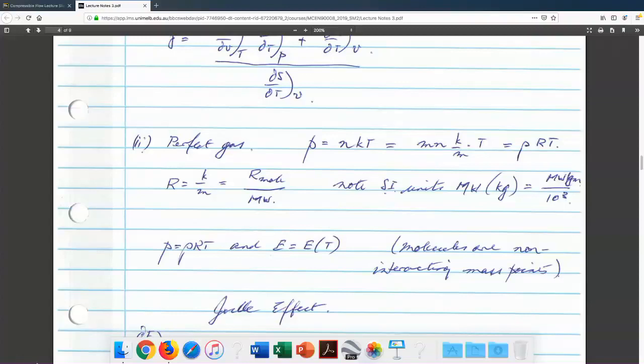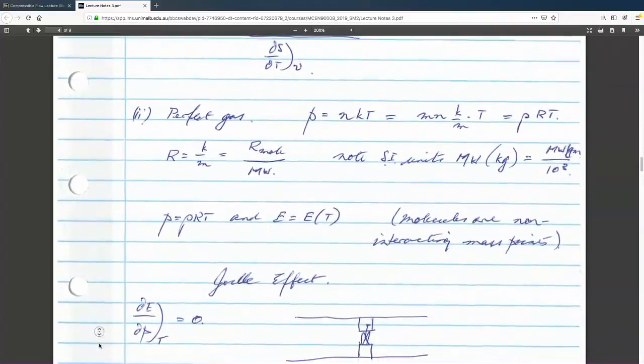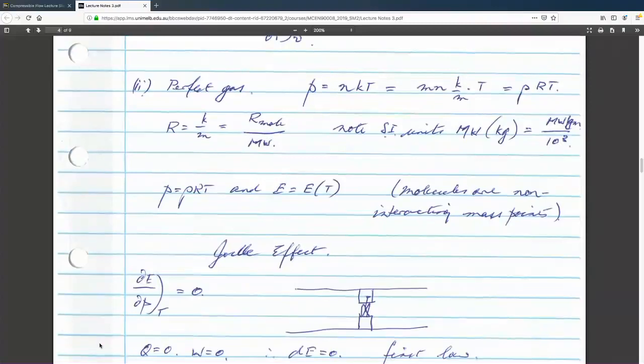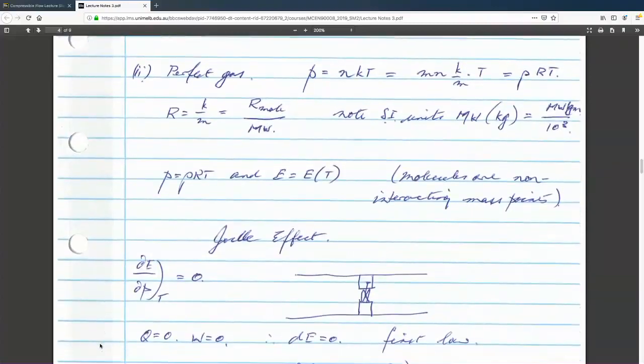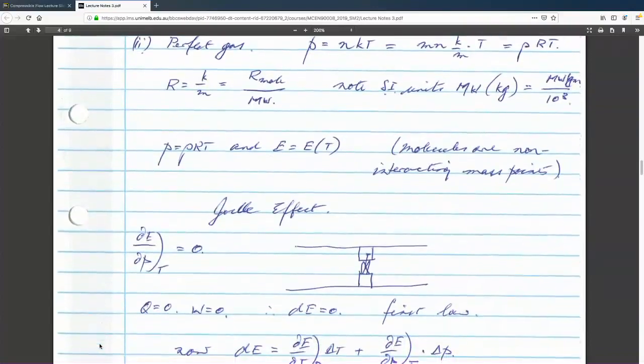But one of the great experiments in science, in a way, in thermodynamics, was done by Joule. And he did a great experiment with hydrogen and established that the internal energy from the first law of thermodynamics was only a function of temperature. So how did he do it?